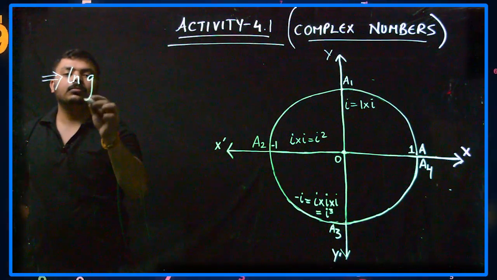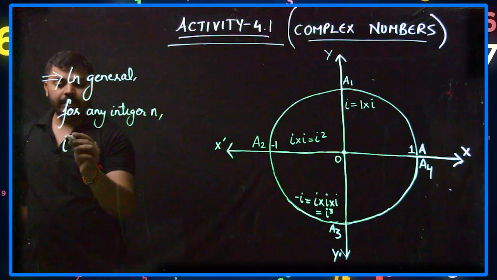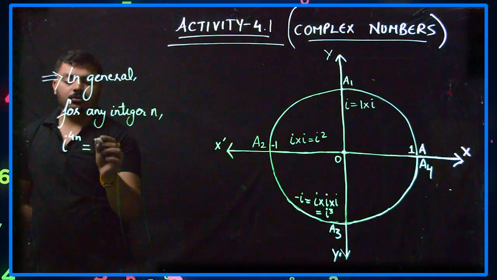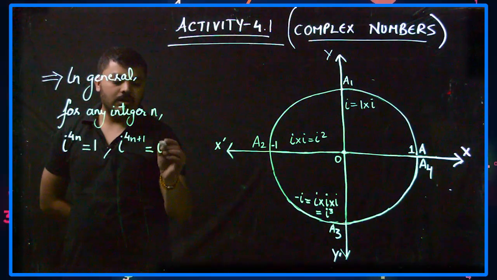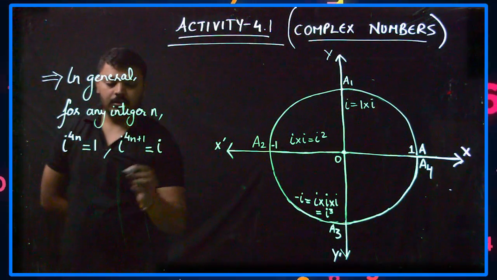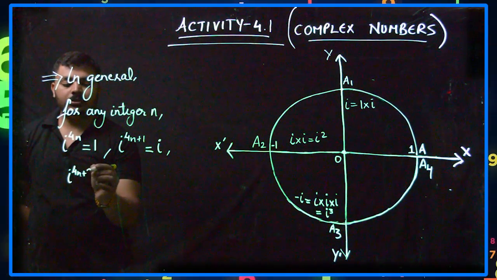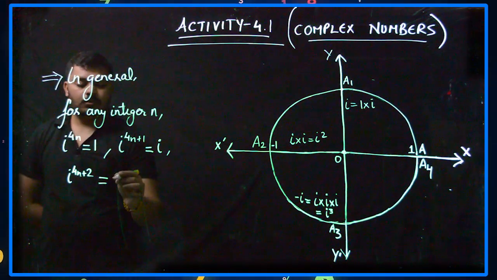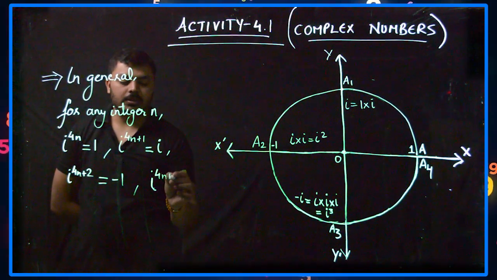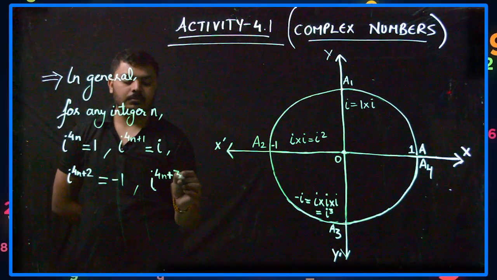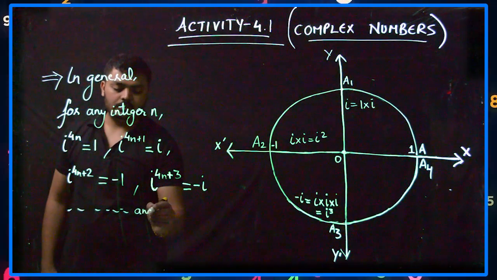In general, our conclusion for this activity is, for any integer n, i to the power 4n equals 1, i to the power 4n plus 1 equals iota or i, then i to the power 4n plus 2 is equal to minus 1, and i to the power 4n plus 3 equals minus i, and so on.